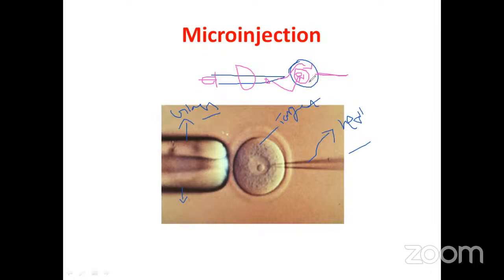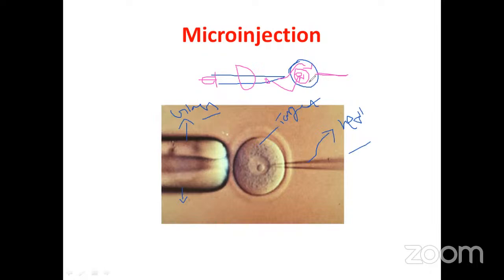And micro injection is based on a skillful process. That's why both show limited success in generating transformed cells.